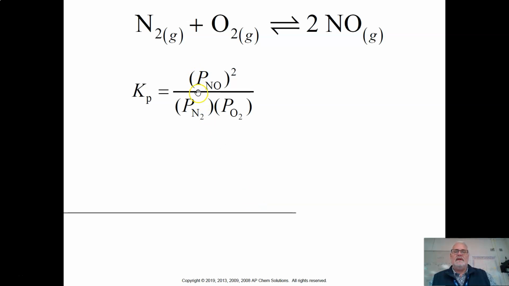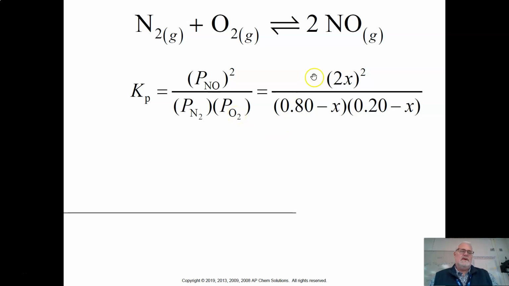That's an important little detail, so make sure that you get that right. And you end up with the products squared on the top, and then multiplying the two reactants on the bottom. So you can see here, this has the potential to be some kind of challenging math, which we will do on the next problem.